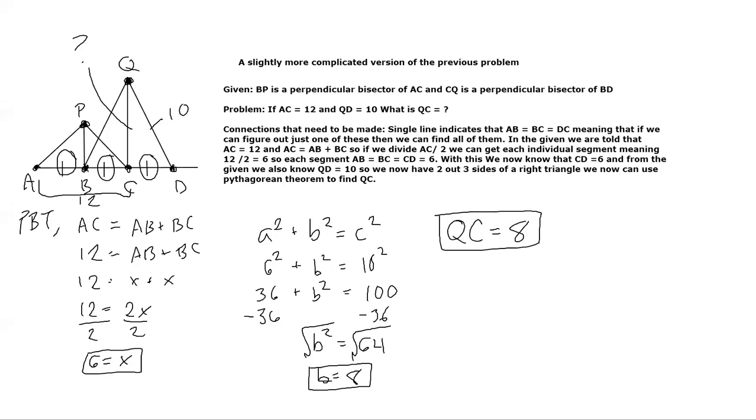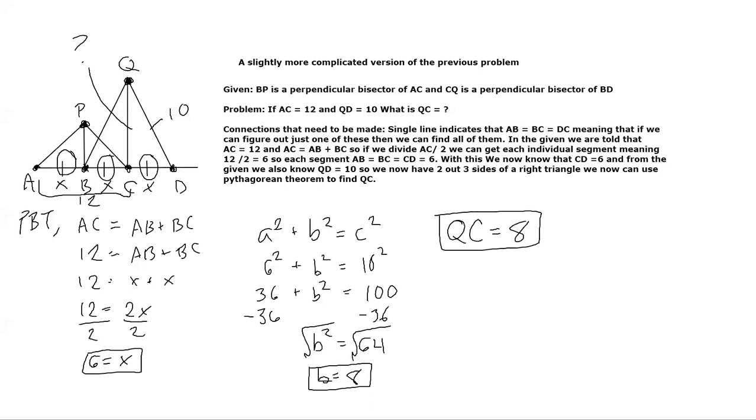If these segments are all the same, I can put the same variable to represent each of them. That's supposed to be an X, sorry. So that's why I made AB into X and BC into X.